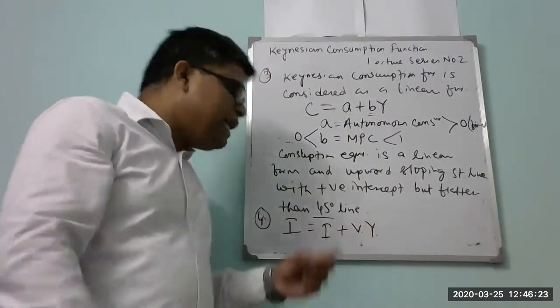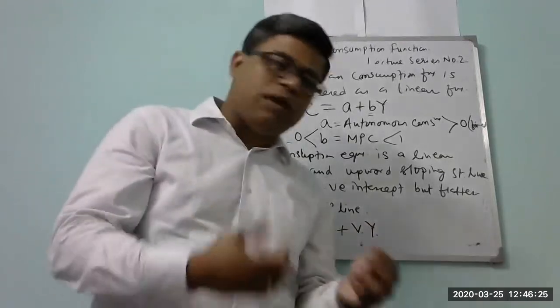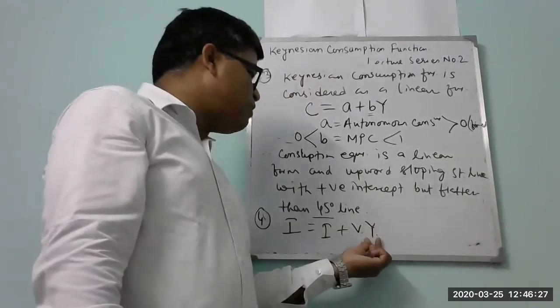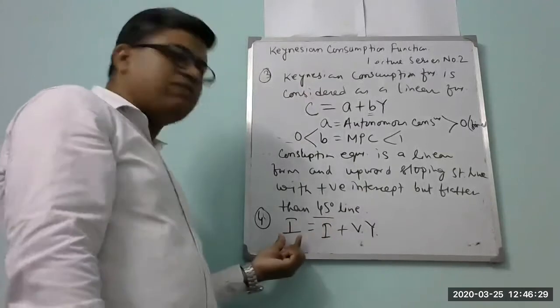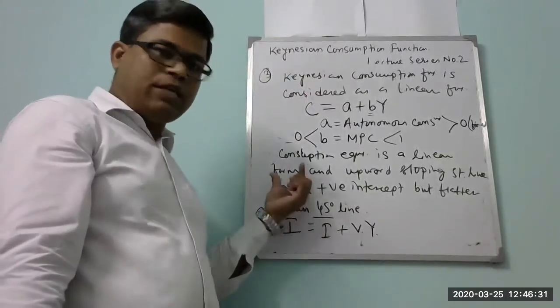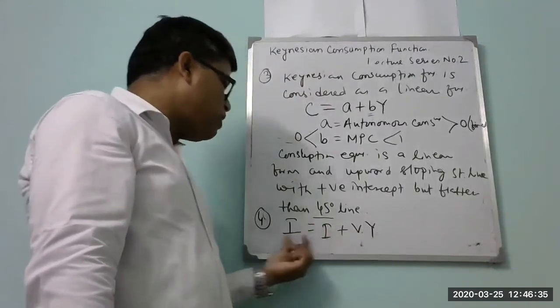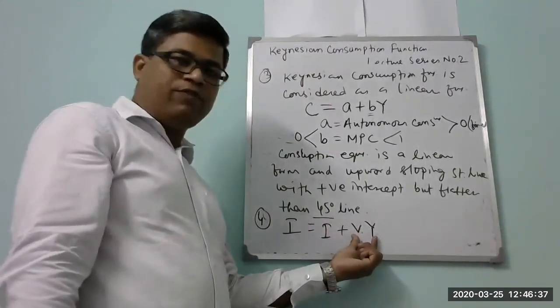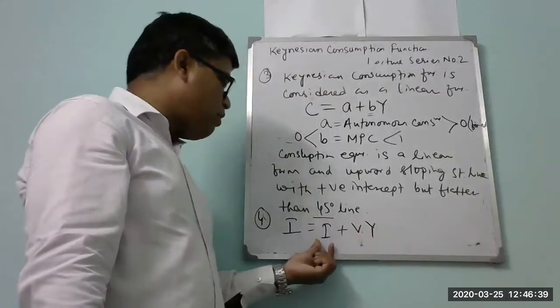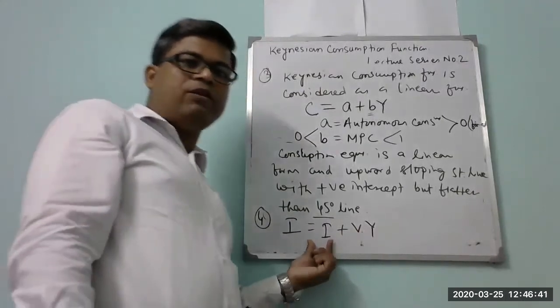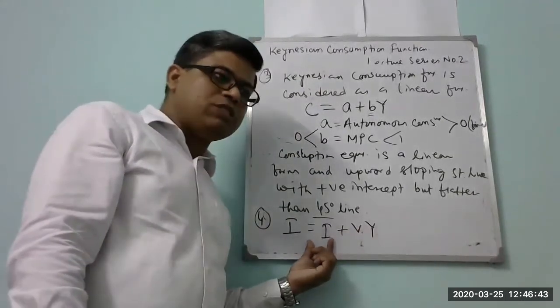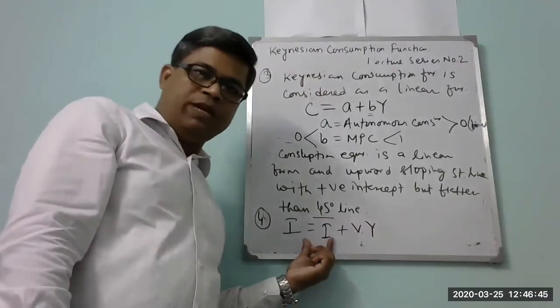Now, as your business grows and the level of income increases, the investment level also increases. So a part of investment depends on the level of income, which is induced investment, and a part does not depend on the level of income, which is autonomous investment.